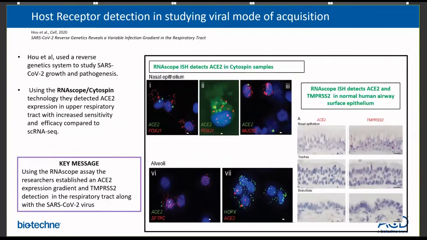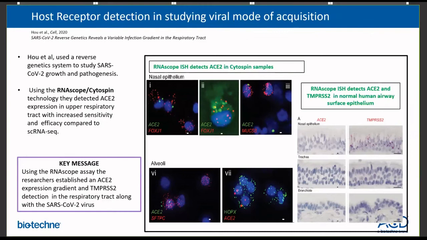This is another paper that came out of the University of North Carolina from the Baric lab, in which the mode of acquisition and causes for the variable clinical spectrum of this coronavirus disease remain unknown. As you know, people out there that are infected all show different symptoms and signs. So what causes that diversity or variability is unknown.